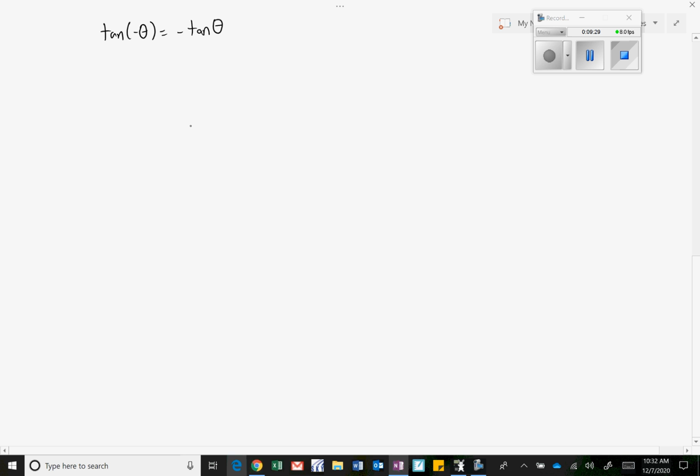Let's find the exact value of cosine of theta if the sine of theta equals 1/4 and if theta is between 90 and 180 degrees.